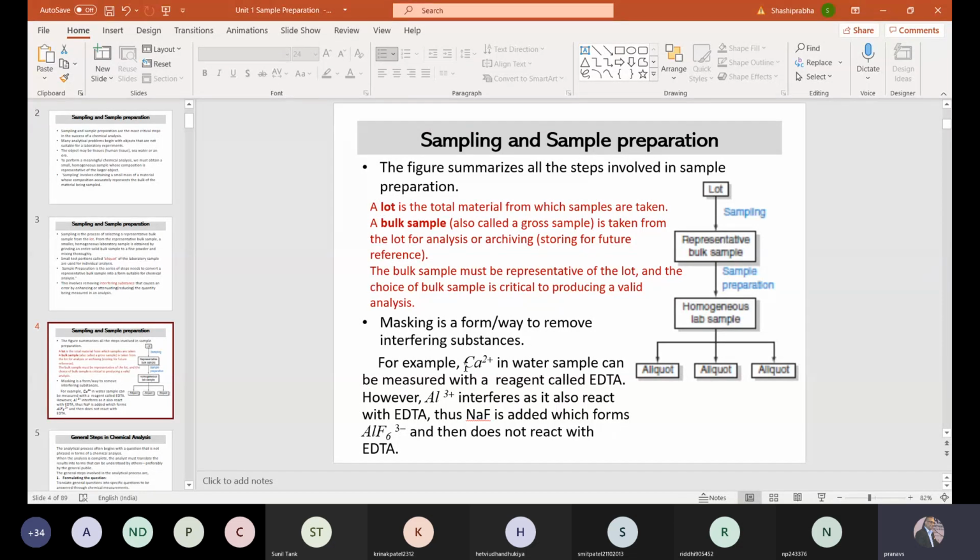Say for example, by mistake, if you have added more 4 normal NaOH, what will happen? Even calcium will also get precipitated. And if that happens, you will not get the endpoint for a sample which contains calcium and magnesium, which you have prepared in the lab on your own.